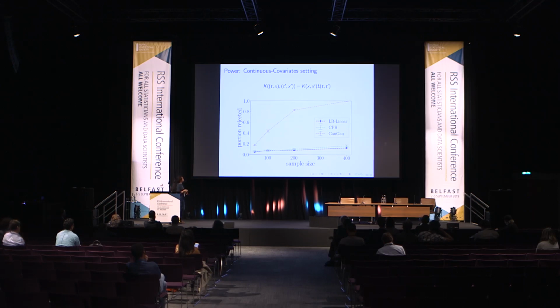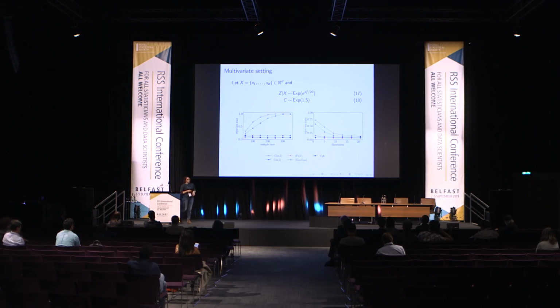We also show a multivariate setting in which we have a covariate belonging to R^d, and we make the survival time depend only on the first dimension. The first plot is our method in red and green. It shows, for fixed dimension, how the test power grows as we increase the sample size.